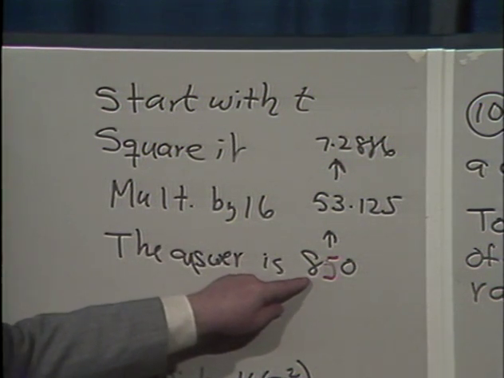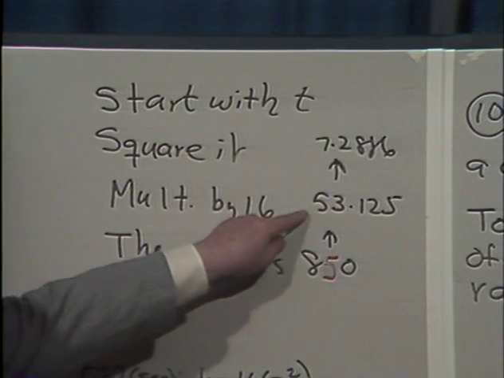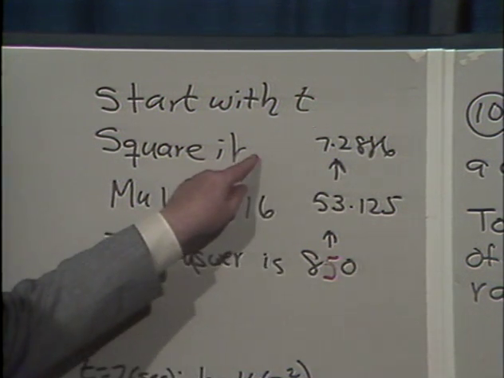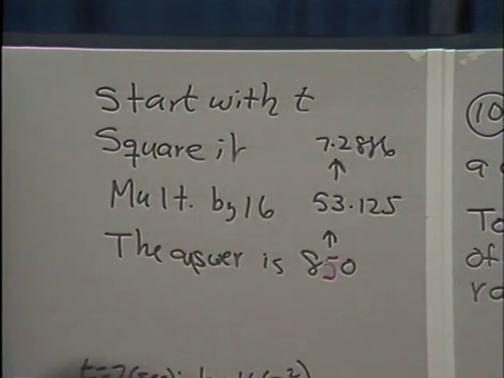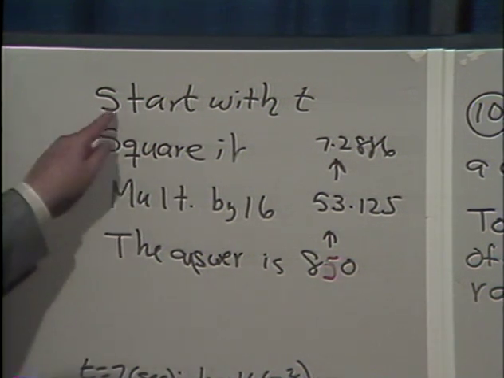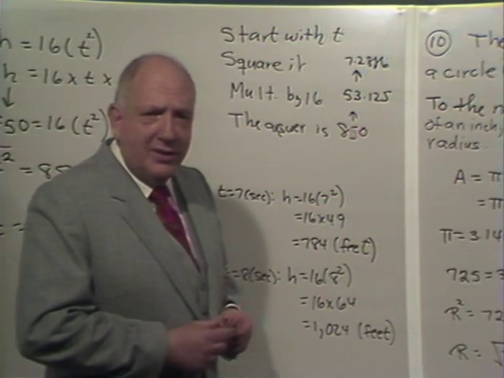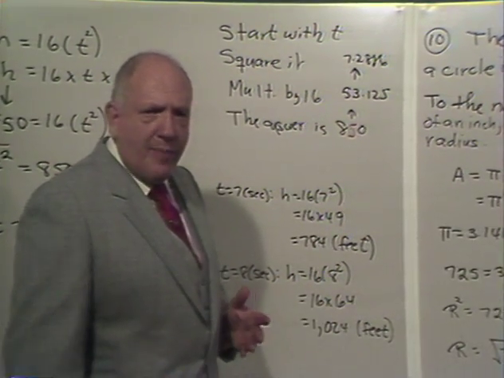So how would you read this verbally now? Start with the 850, then divide by 16. That will give you 53.125. Now to undo squaring, you take the square root, and that will give you 7.2886. I don't care whether you go to the verbal form or not. What I do want is for you to understand what you're doing and how to do it. And that's all there is to that particular problem.